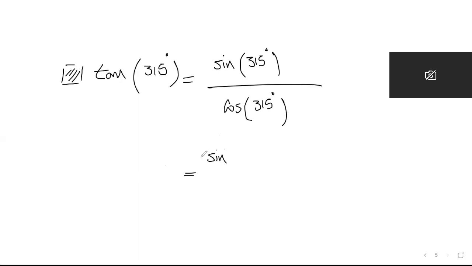We say that 315 is not a popular angle. How can I connect it to those celebrities? I say 315 is at the 4th quadrant. Then I can say that it's going to be 360 minus 45.